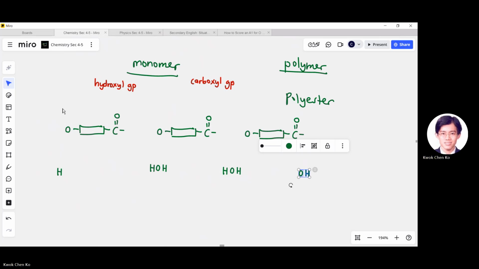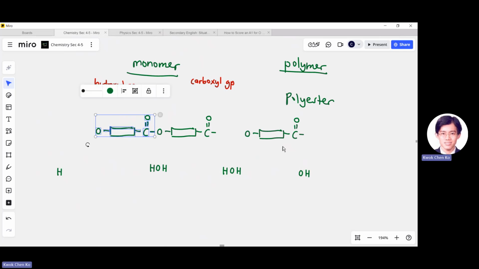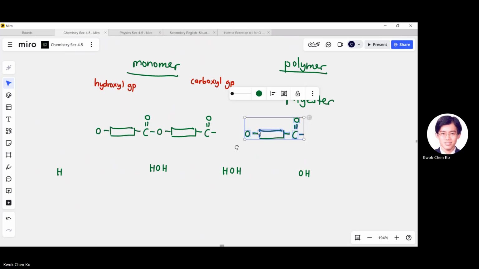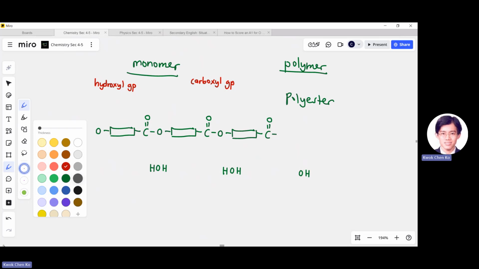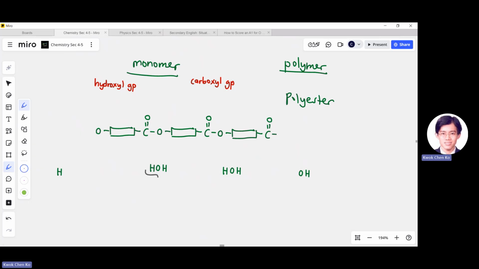What happens to the rest? This joins here. This joins there. And you continue joining for at least a few thousand. So I repeat, I said earlier, this is condensation polymerization, so water condenses out.